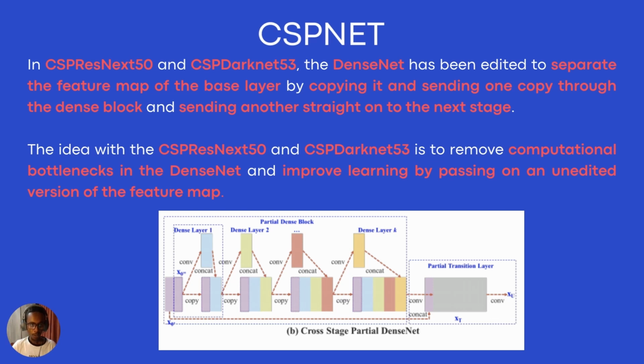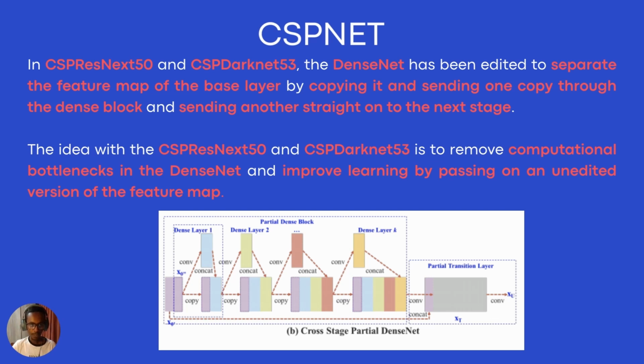But the other partial copy, we do the same thing that we have done on the DenseNet. So we perform some convolution and concatenate, and we do it a bunch of times, and then finally it will be merged with the partial block that we have just sent directly onto the transition layer.